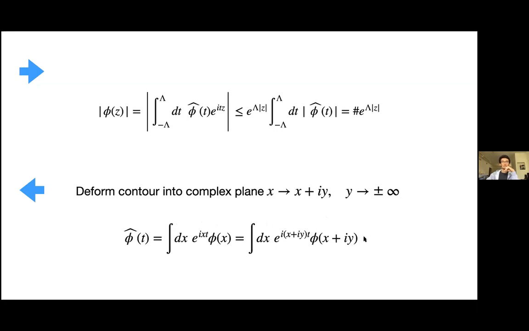Because this thing is exponentially bounded, and you also have this exponent, you can show that outside of the lambda interval, this integral is 0 because you can shift it arbitrarily far. That's roughly the sketch of the proof.